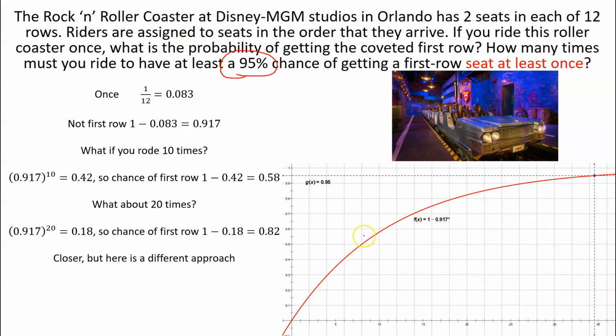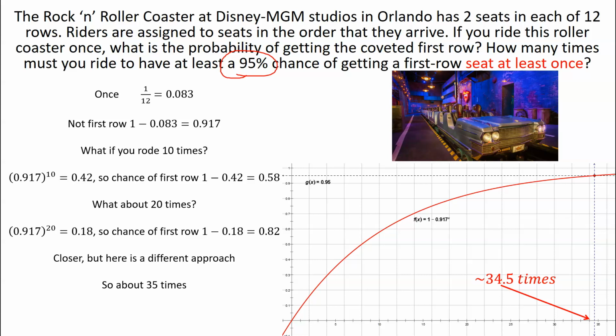This is the graph of it right there. And if you analyze the graph, you'll see up here at 95%, 0.95, it intersects at about 34.5, probably want to round that a little bit, somewhere in that ballpark. So let's say at about 35 times.